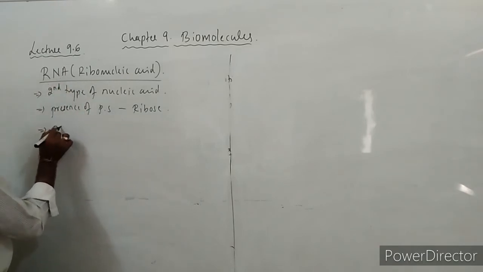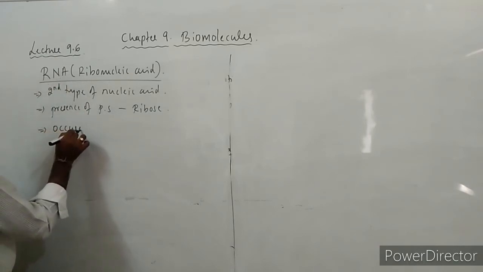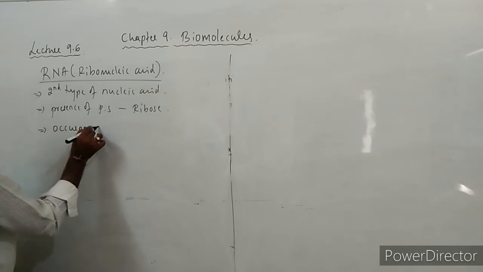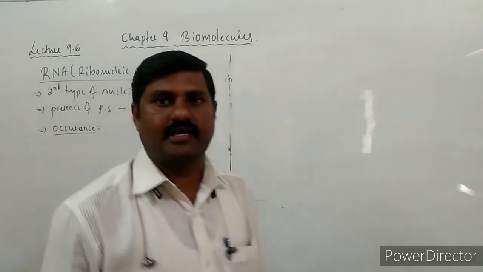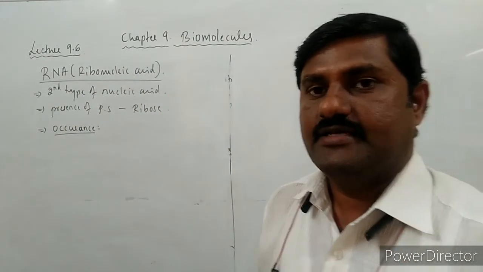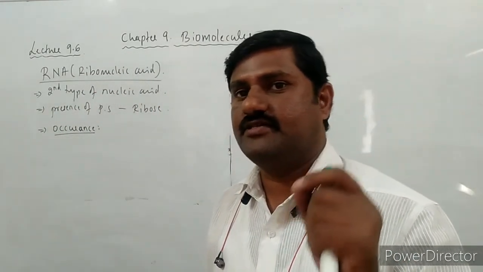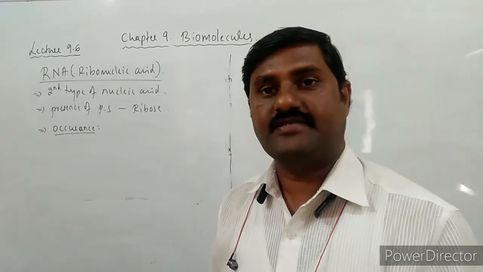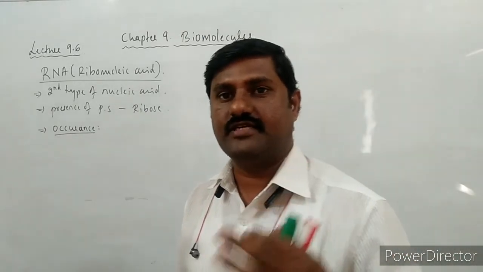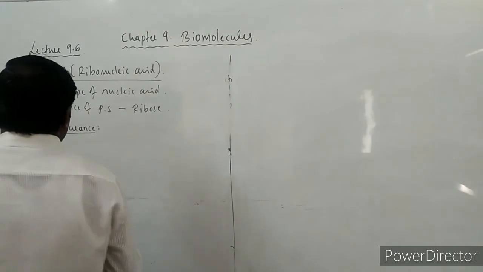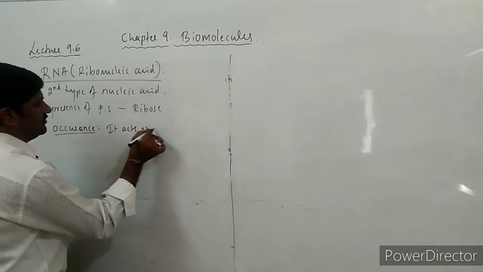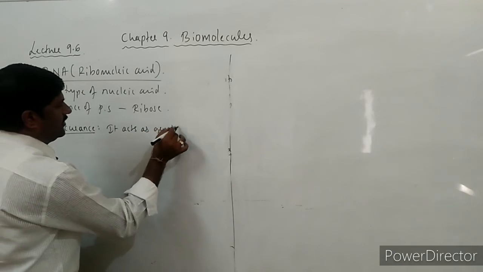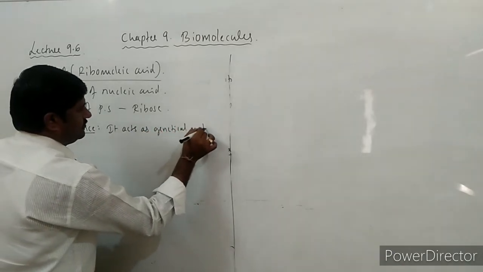Now, the occurrence of RNA. Where does it occur, is the question. RNA sometimes acts as genetical material and sometimes acts as non-genetical material.